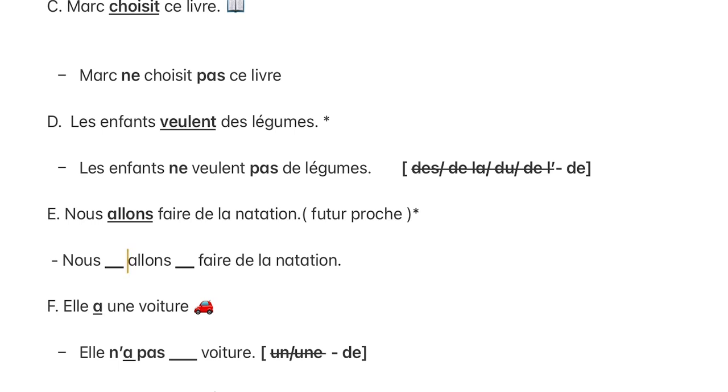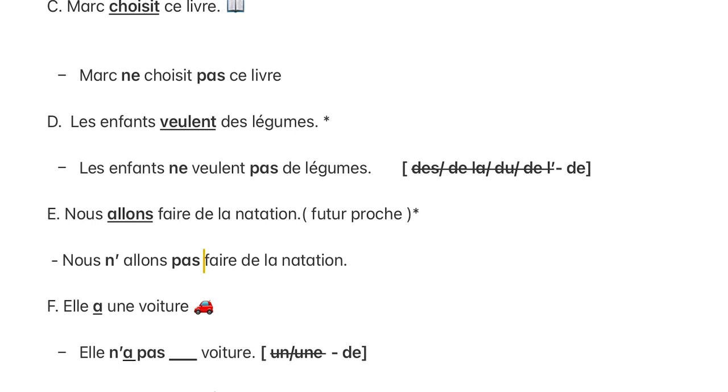So to negate this sentence, our focus will be on the conjugated verb, that is allons. Again, we put ne before the conjugated verb and pas after the conjugated verb.